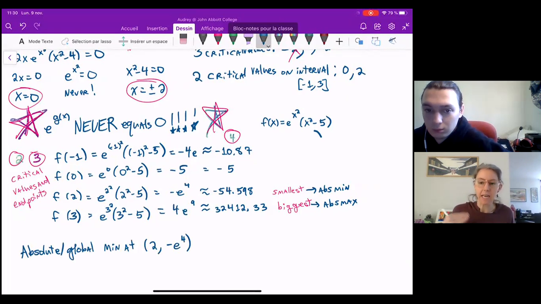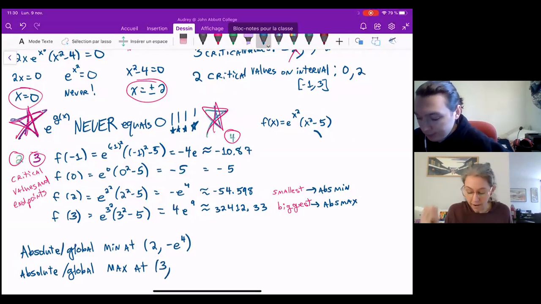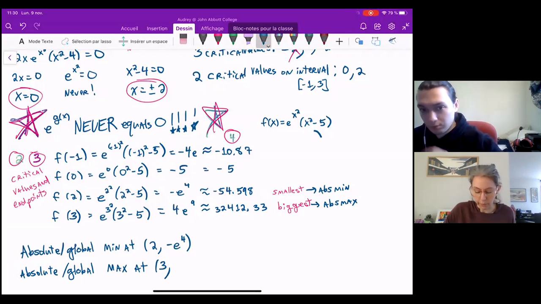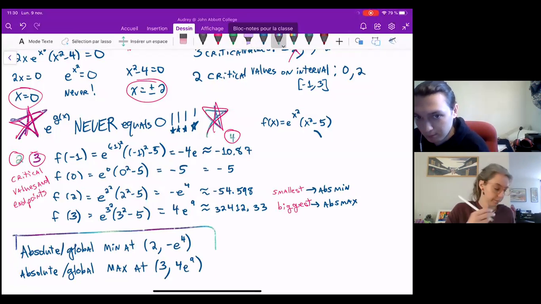I need to see that negative e to the 4th, which is why that's how I solved for them to begin with. Then my absolute or global max is at 3, not 32,412.33, but 4e to the 9th. And this is my final answer.